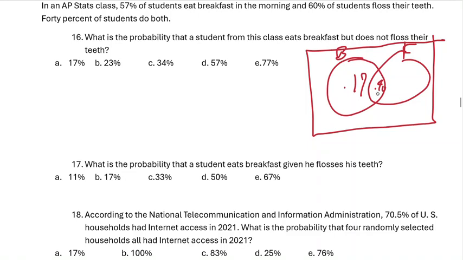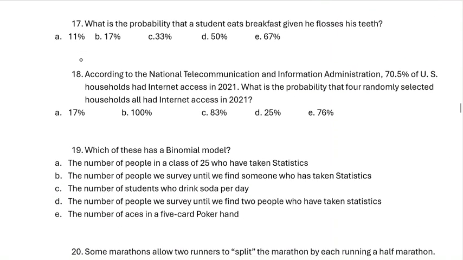Well, if 40% is in the middle, then that means 20% is in here. So if the question is, what is the probability that the student eats breakfast but doesn't floss their teeth? Well, the part of the circle that eats breakfast and doesn't floss their teeth is the outside section.